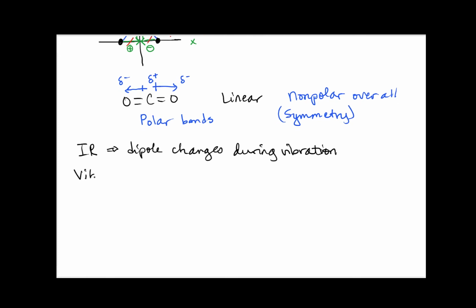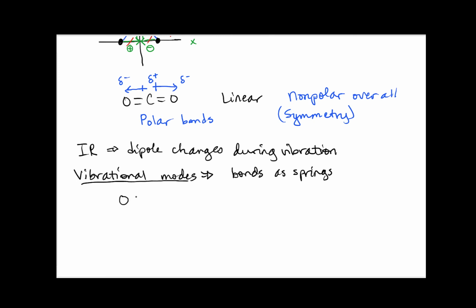So we call these vibrational modes. And the way that we model these is that we think of bonds as springs. If we think about bonds as springs, then we can visualize how these molecules are going to stretch.